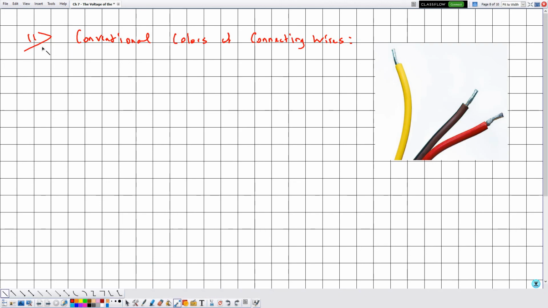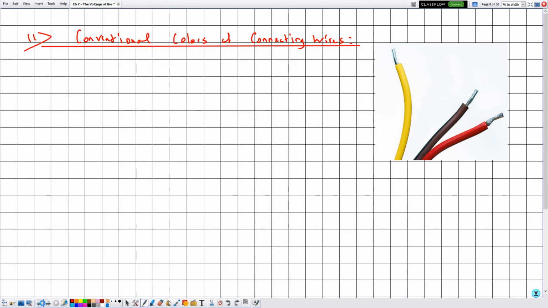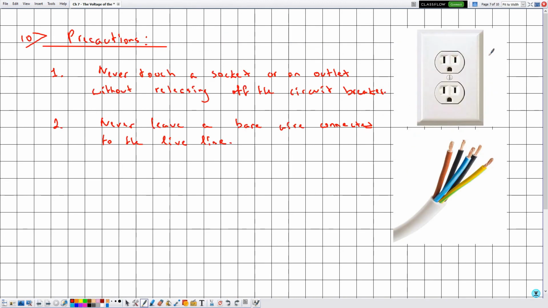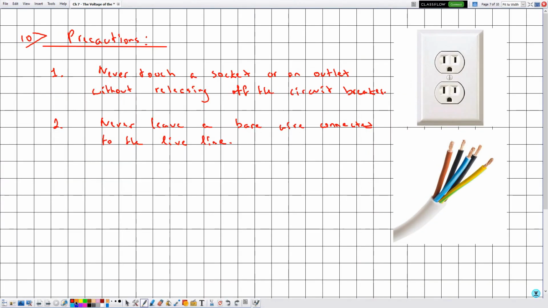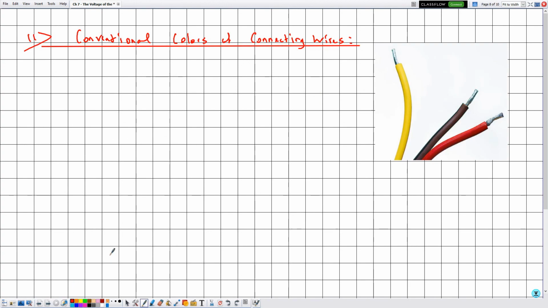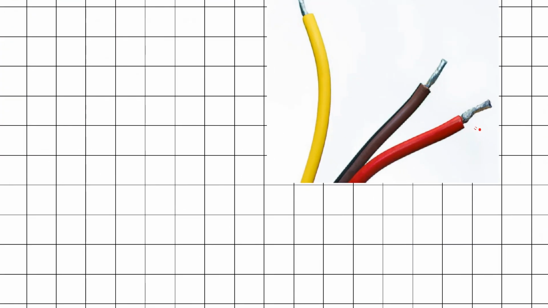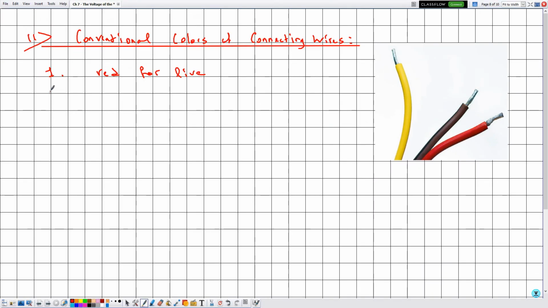In most of the cases, when looking across the wall outlet, we cannot observe the color of these wires, but if we open this box we can observe the wires, and referring to the color of the wires we can notice that the red color for live, then in this case this is the live terminal.